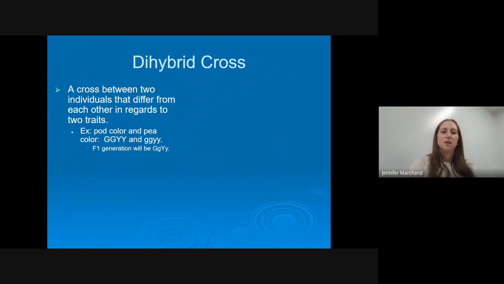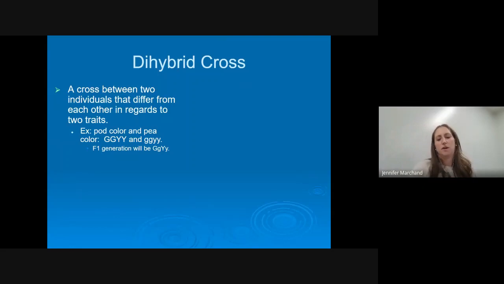Okay. So we also have dihybrid crossing. This is one of the questions on your quiz here. This is where you're going to make a Punnett square that now has 16 squares as opposed to the original 4 that we made. It's a cross between 2 individuals that differ from each other in regards to 2 traits. So you're going to have their different pod color as well as their pea color.